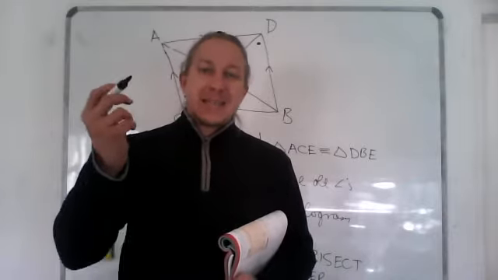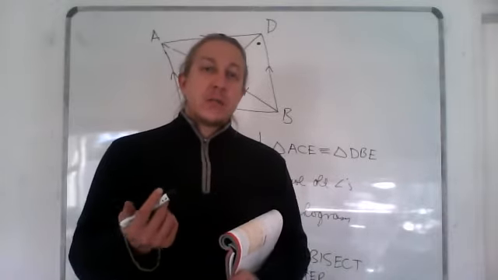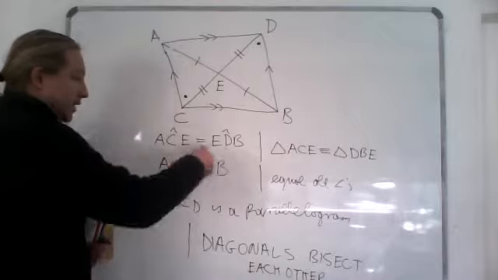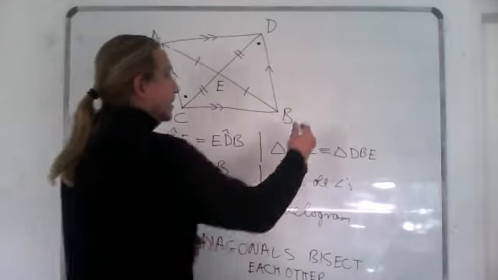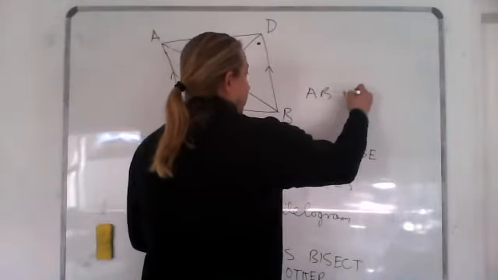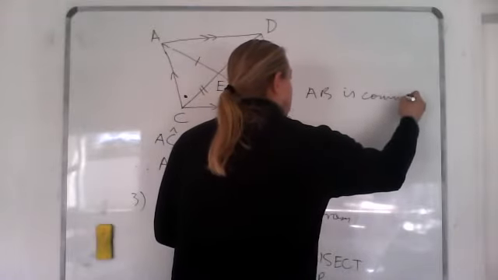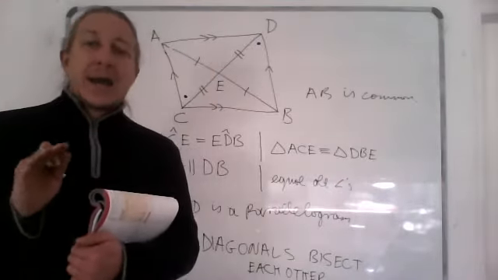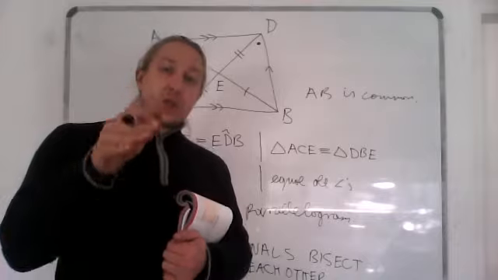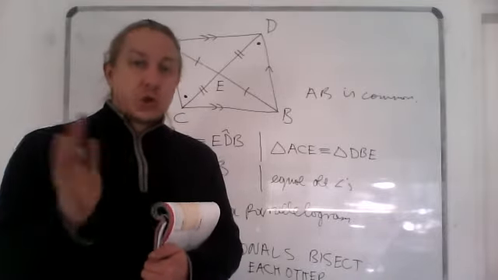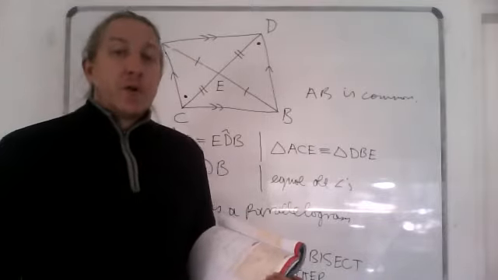So it's the same for both. If that's one of your statements, you're just going to say that AB is common. It doesn't require any reason. It's just a common line, the same for 2 figures. There's nothing more for us to say.